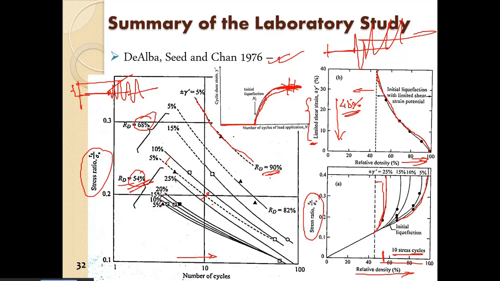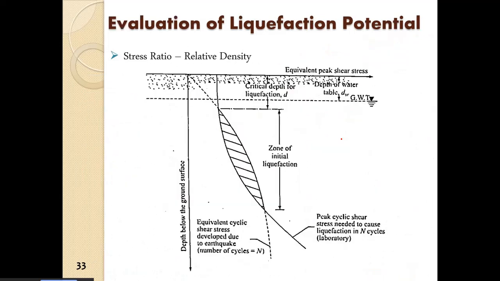To do that, we have to do the evaluation of liquefaction potential. So how to do the evaluation of liquefaction potential? Basically, we first find out the cyclic stress in the soil.